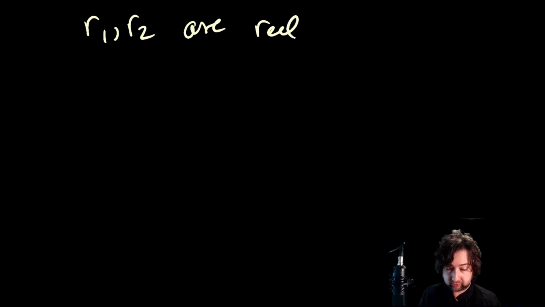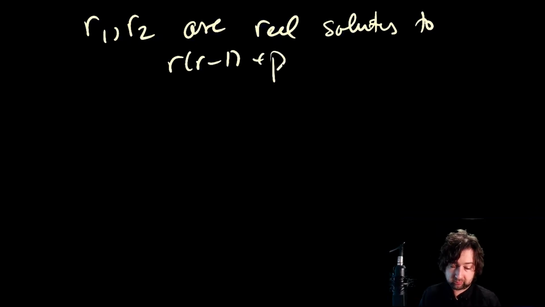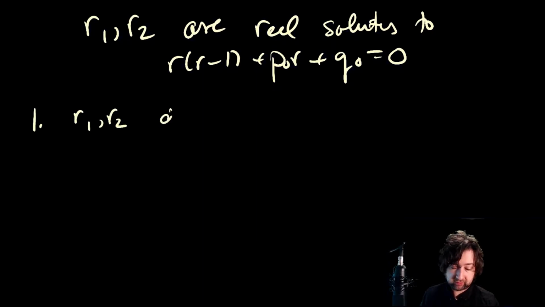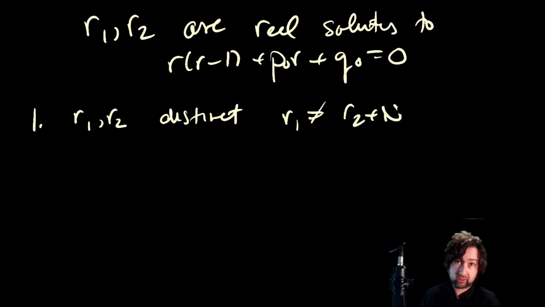So if R1 and R2 are real solutions to r times r minus 1 plus p naught r plus q naught is equal to 0, then we have three things that could happen. Remember that r1 and r2 could be distinct, and r1 is not equal to r2 plus a positive integer n.